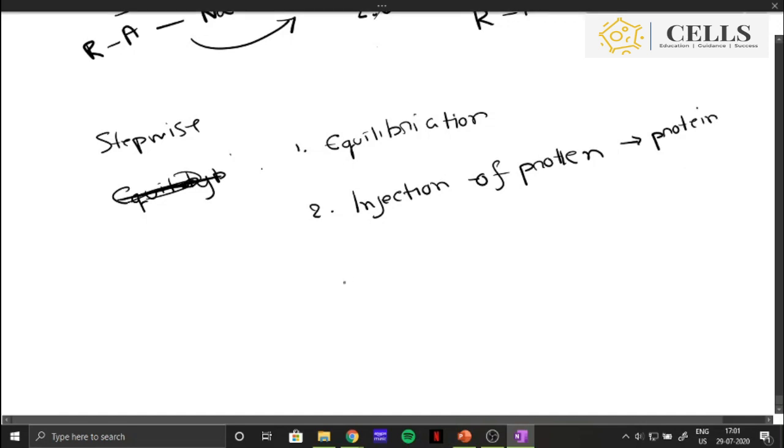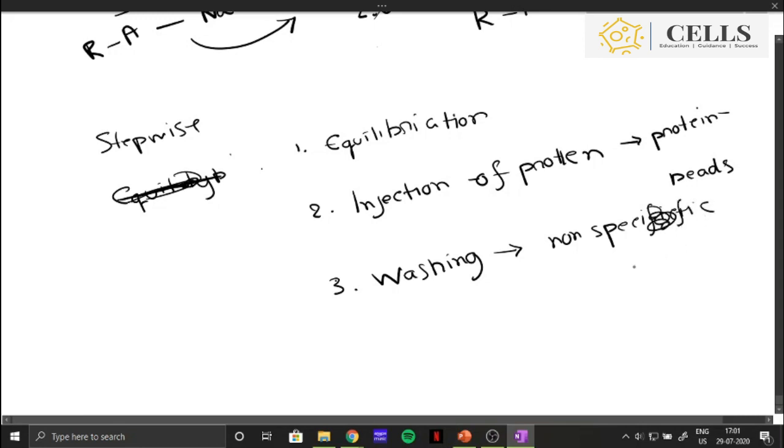Next step is washing. This is the same as before. You wash with buffer, or you wash with NaCl in order to get rid of non-specific bindings or weak bindings.